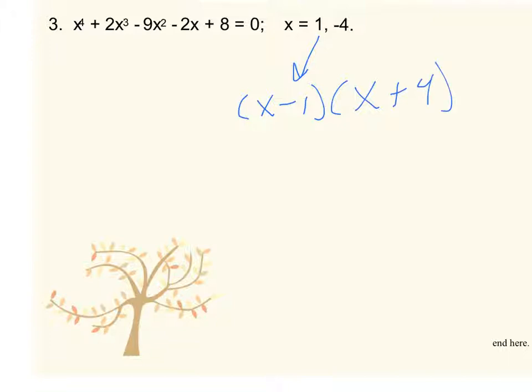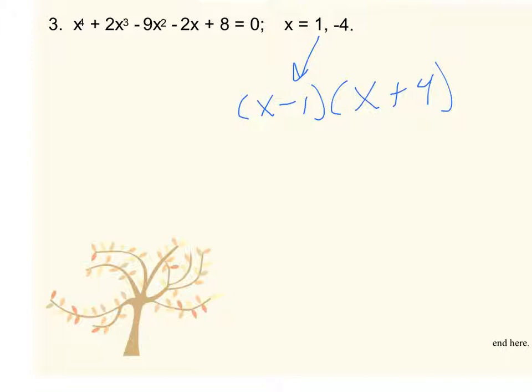And notice the original polynomial that I'm given is degree 4. So to pull this off, I had to be given 2 of the 4 zeros. When I have a cubic, at least where we're at right now, I can be given 1 zero and I can find the other 2. With a 4th degree, I need 2 to find the other 2. Okay?